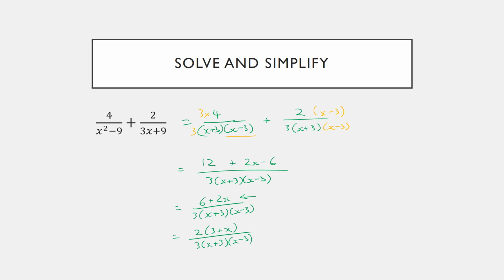Now, you may or may not have noticed that these two are actually the same, because 3 plus x is the same as x plus 3. So we can cancel these ones down. Now remember, when we're cancelling, everything has to be multiplied together for cancelling to work. But we can now clean this up, and we're going to get 2 over 3(x minus 3).